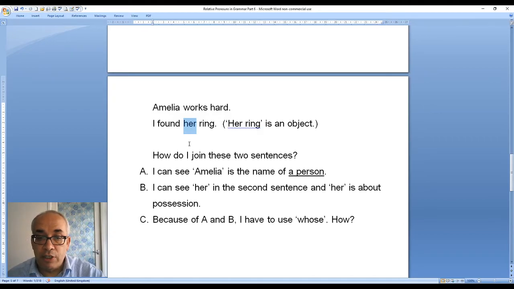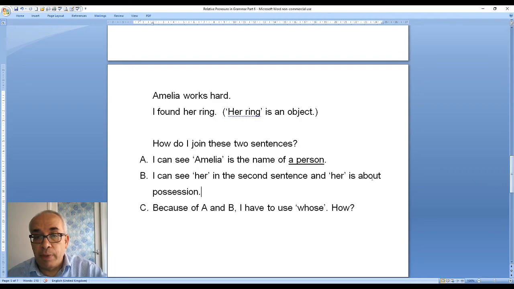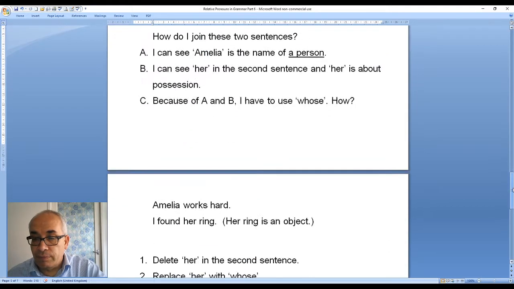So it's about possession. Because of A and B, I have to use whose. So first I have to think about how to join the two sentences. Now I know I have to use whose, but how do I use whose to take the place of an object? Because her ring is the object.